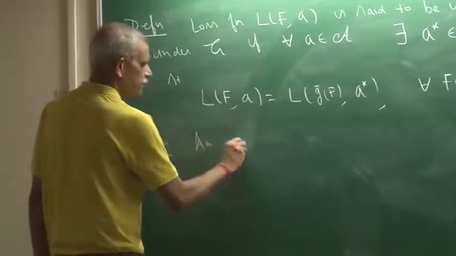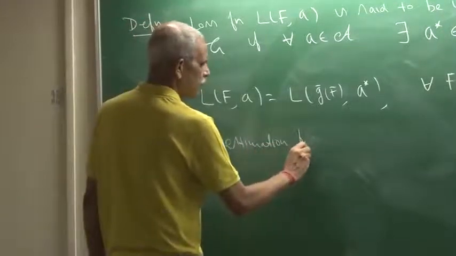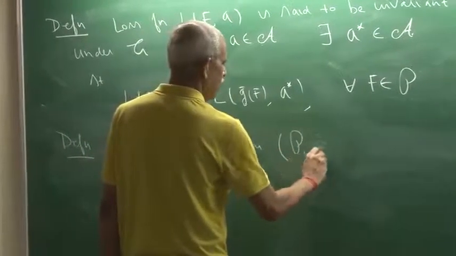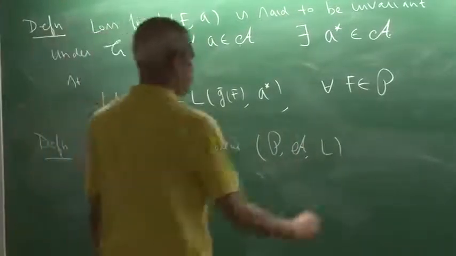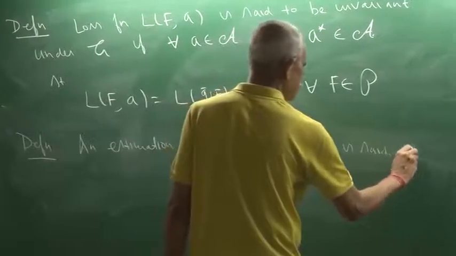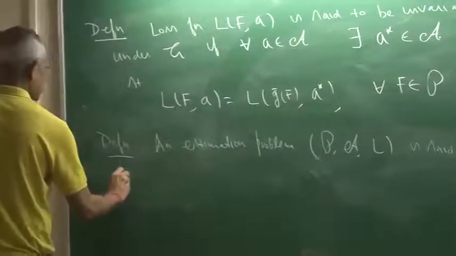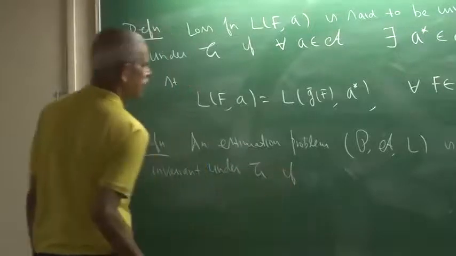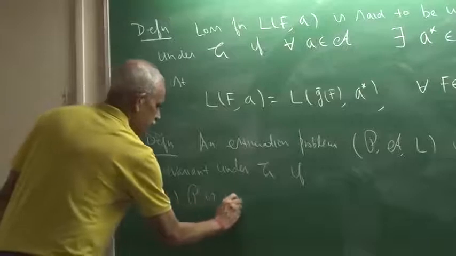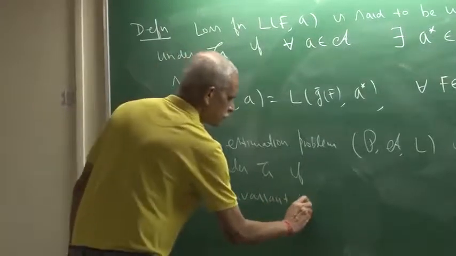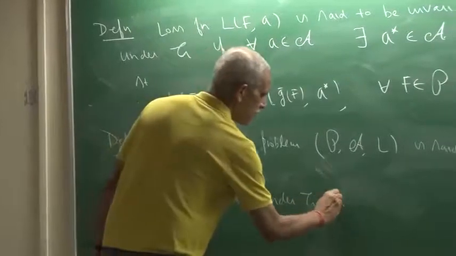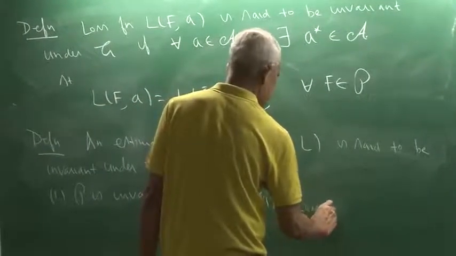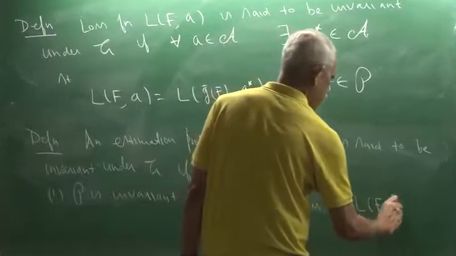An estimation problem (P, A, L) or (theta, A, L) is said to be invariant under G if, first, P is invariant, and second, the loss function L(f, a) is invariant.